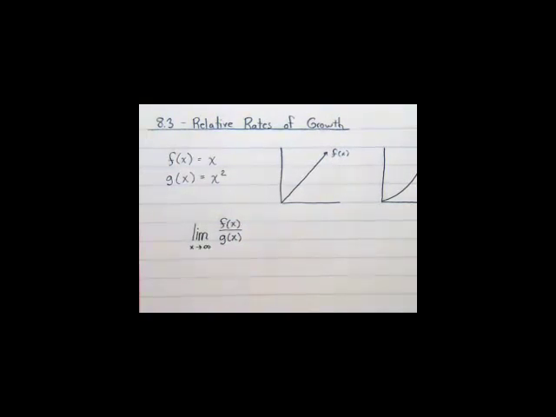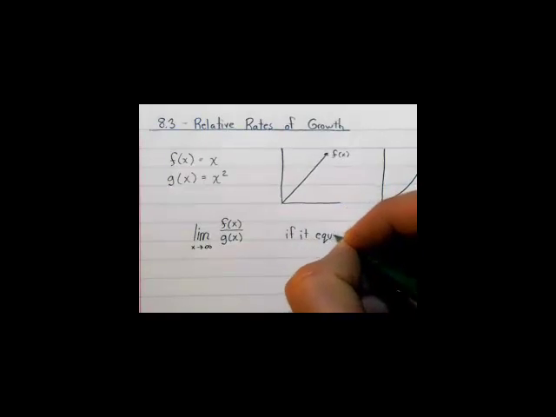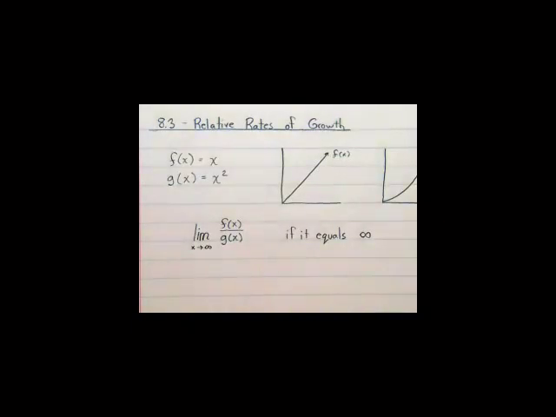Okay, so if this limit equals infinity, that means whatever was on the top is growing more quickly. Does that make sense? If the top of the fraction is growing more quickly than the bottom, then the entire thing goes to infinity. Does that make logical sense to you?